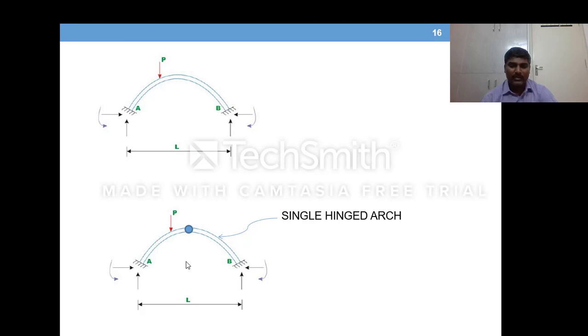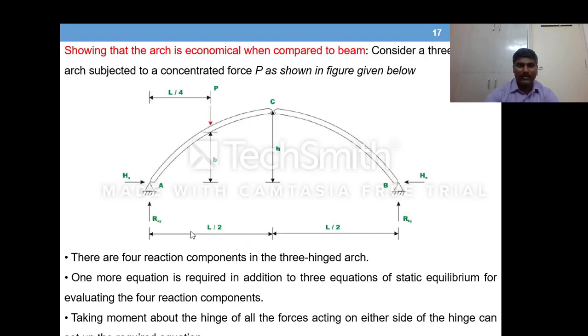And one more type I have listed here, which was not enlisted earlier, is called the single hinged arch. For a fixed arch, if you have a hinge at the crown point, we call it a single hinged arch. So these are the types of arches.